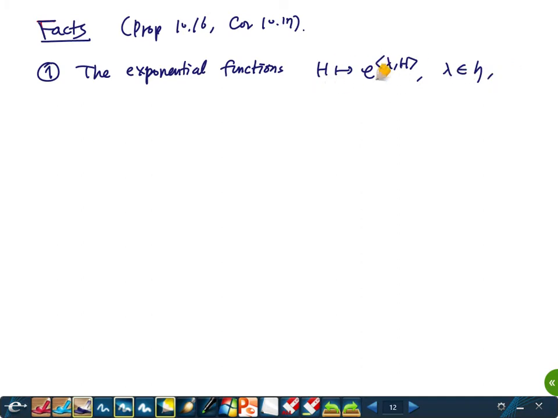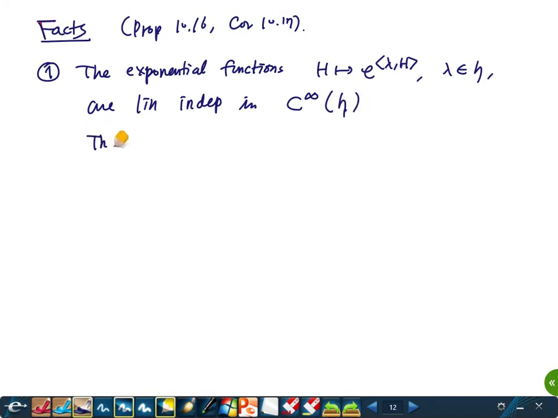There are many exponential functions like that. They are linearly independent in the space of continuous or C infinity functions on H.